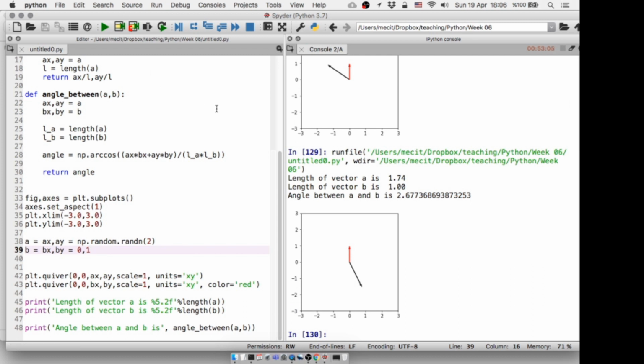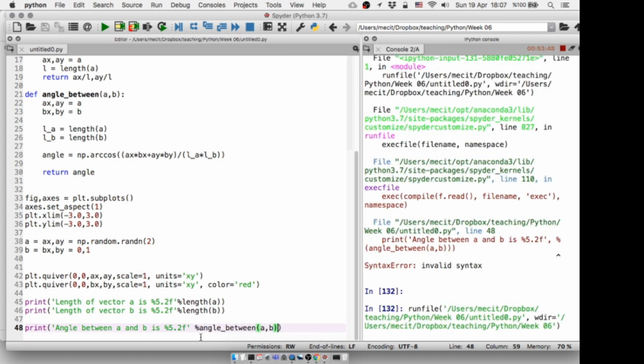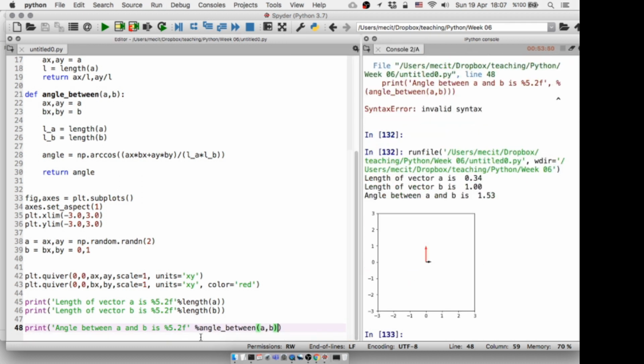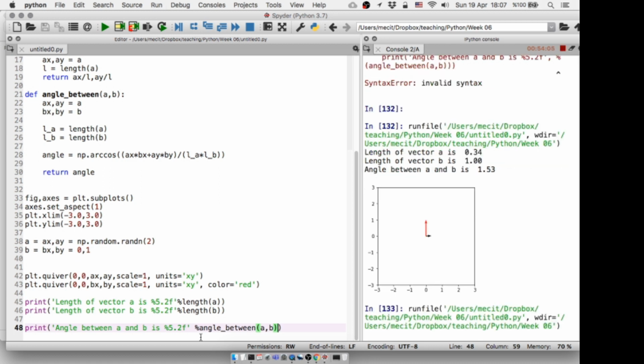It seems it is running properly, but at this point I can format it. 5.2f should be okay. So it is putting the angle in radians. So let's run this again.